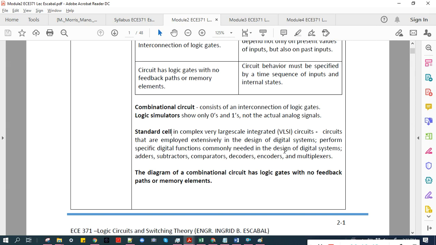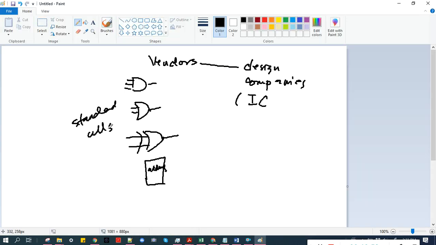These are also considered as standard cells. Depending on the package of their product, they will specify what standard cells they have in that package.